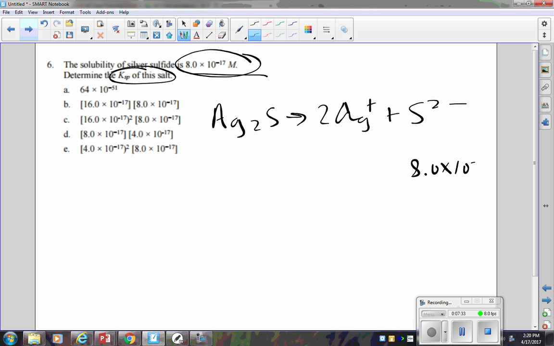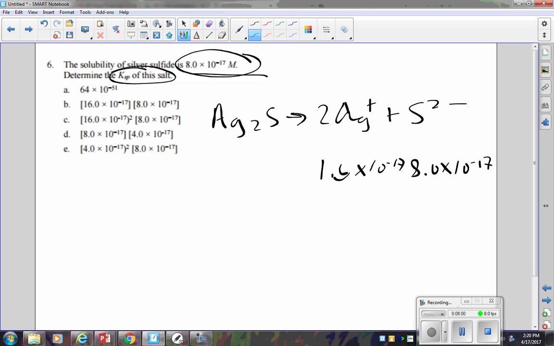This is going to be double that, so I'm going to take this and double it. So this is going to be 1.6, or actually 16, times 10 to the negative 17.